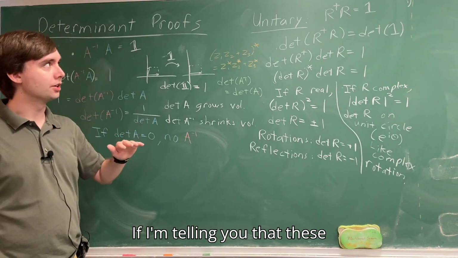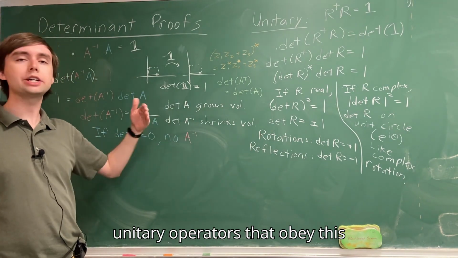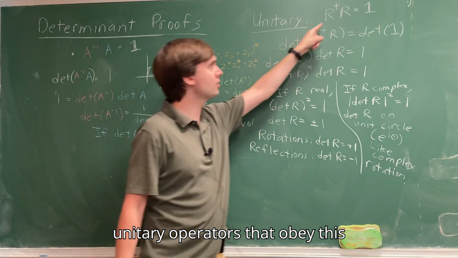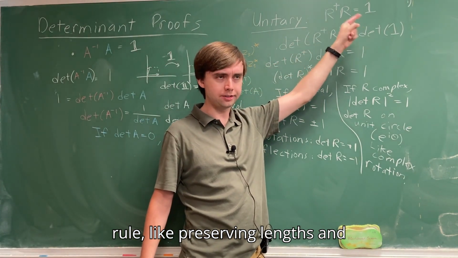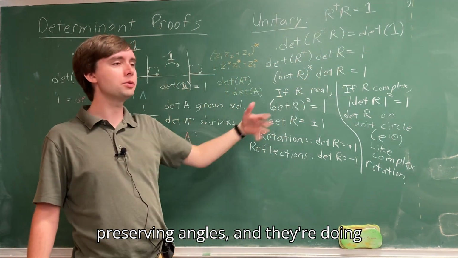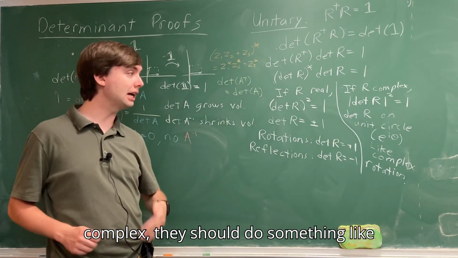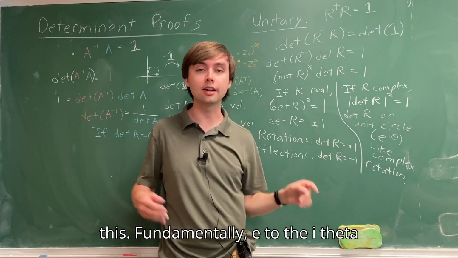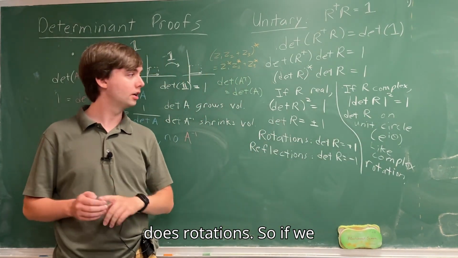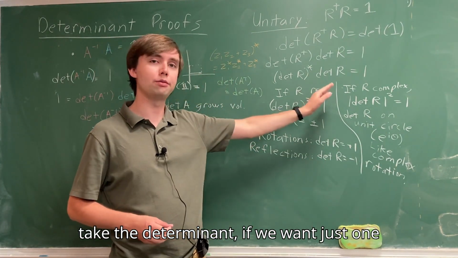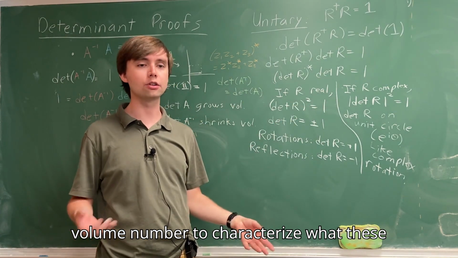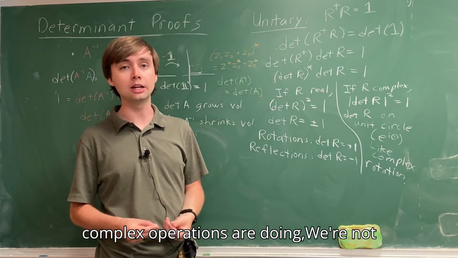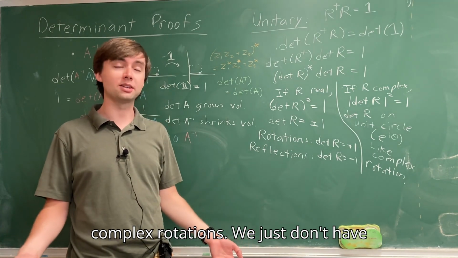If I'm telling you that these unitary operators obey this rule, like preserving lengths and preserving angles, and they're doing something like rotations, but it's complex, they should do something like this. Fundamentally, e to the i theta does rotations. So if we want just one volume number to characterize what these complex operations are doing, we're not going to be able to fully visualize complex rotations.